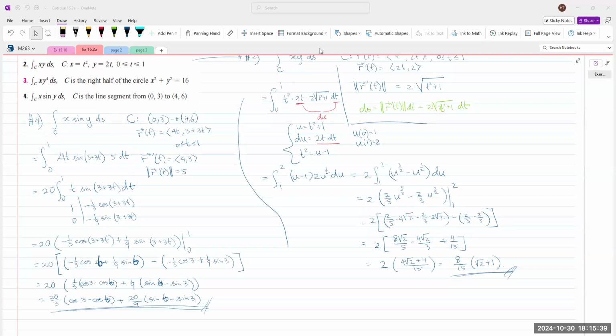Oh yeah, I forgot the t here. So this is when t equals 1, t equals 0. This will be 0. This is not this. Not that. Cosine 3, so not like this.